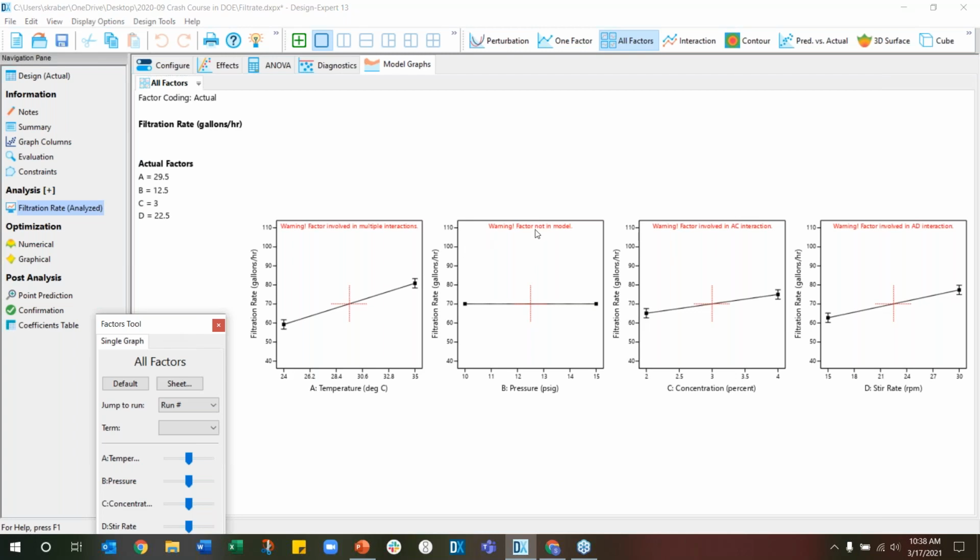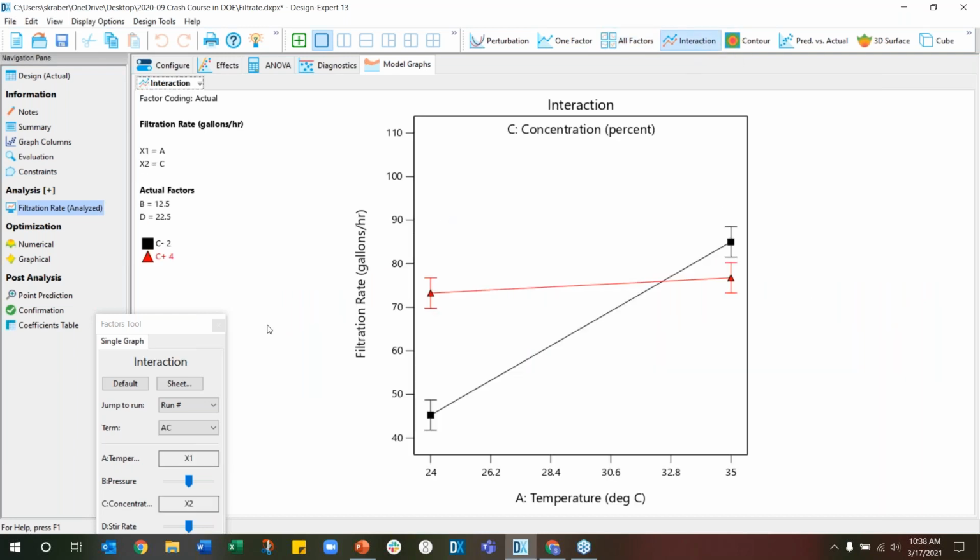Well, B's warning just says it's not in the model, but the other warnings say the factors are involved in interactions. That means that this graph by itself is not sufficient. Looking at the one-factor graphs is not going to give you the information that you need. You have to look at the interactions. So we'll start with this AC interaction.